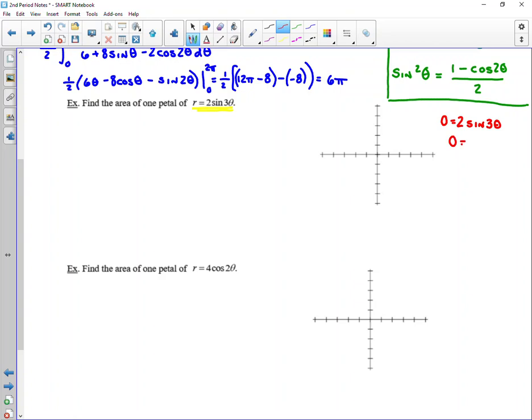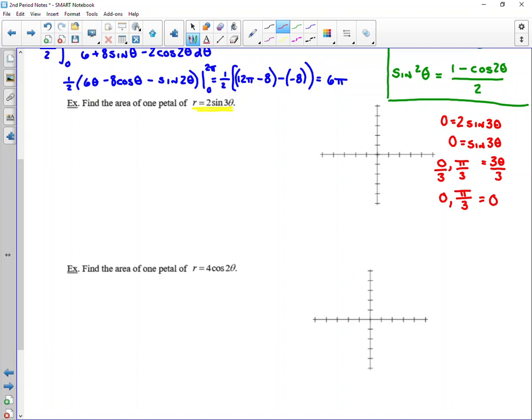So 0 equals sine 3 theta. When is sine 0? 0, comma, pi. We don't really need any more, right? We need the beginning and end of one of them. And then we divide by 3. So we know our petal begins at 0 and ends at pi over 3.